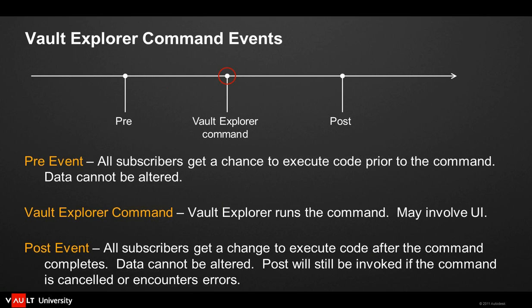If you do something like the copy hyperlink command, there's not even any UI for that. It copies stuff to the clipboard, and then you go on to the post event. If you're doing something that has a dialogue in it, like copy design, you get your pre, then the dialogue pops up, the user does whatever they do, and once that dialogue closes, that's when you get the post event.